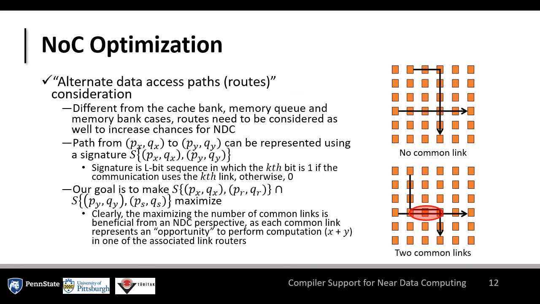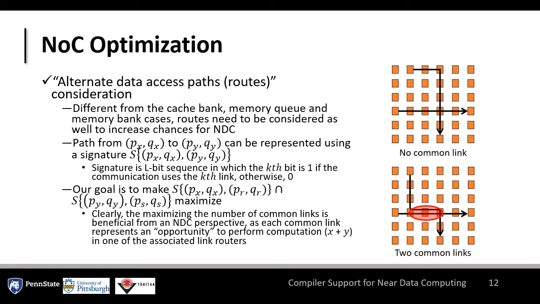Now, in the case of the NOC, we take an additional knob, which is routing flexibility. If you look at these two accesses in a network on chip based manycore, they intersect only here. So this is the only place where you can perform near data computing.